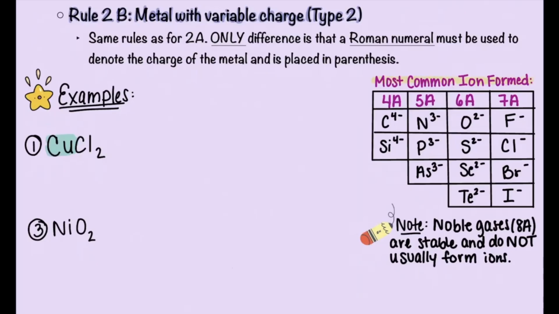And some of these actually make sense because if you remember from a previous lesson, chlorine is in group 7A, meaning it has 7 valence electrons. And because it's a nonmetal, it's more likely to gain 1 and form a -1 charge in order to form a stable octet and have a full valence shell of 8.